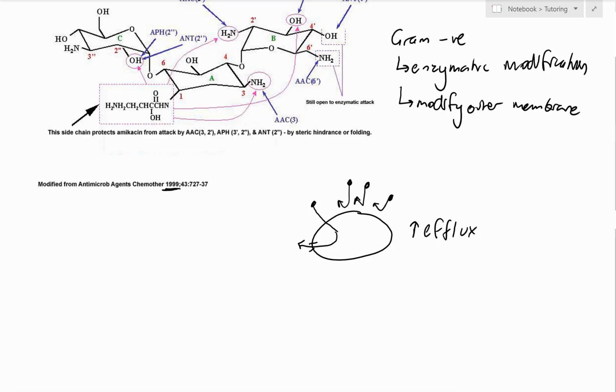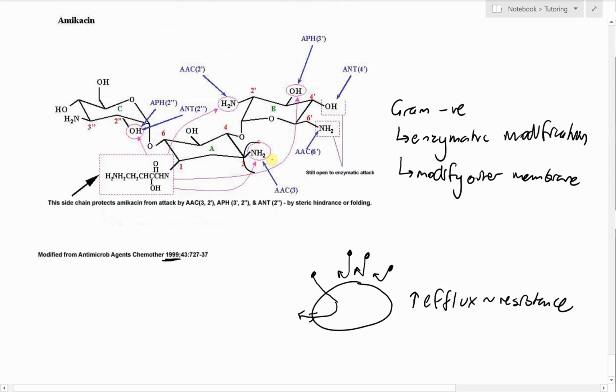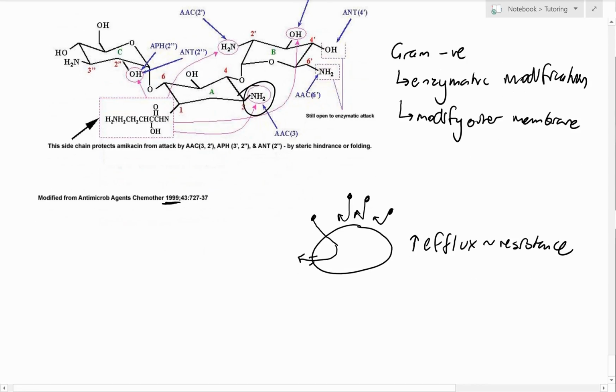So again, that can do very high level resistance. This one is generally fairly low level resistance. Whereas enzymatic modification here, that is high level resistance, and also ribosomal mutations. That's also high level resistance.